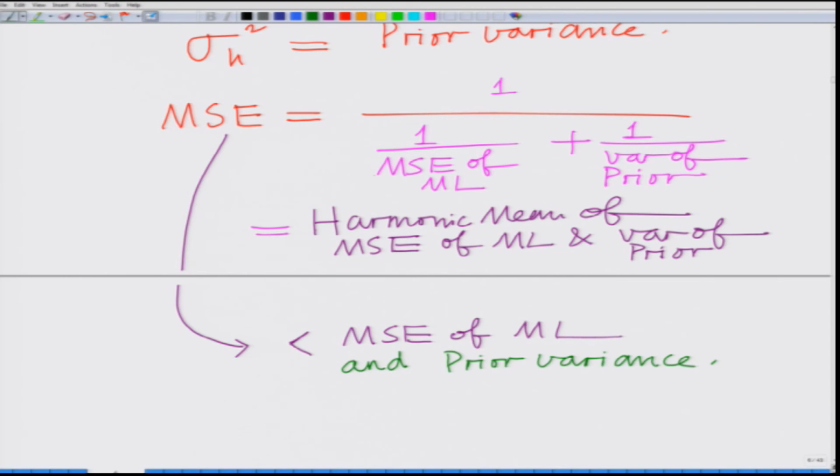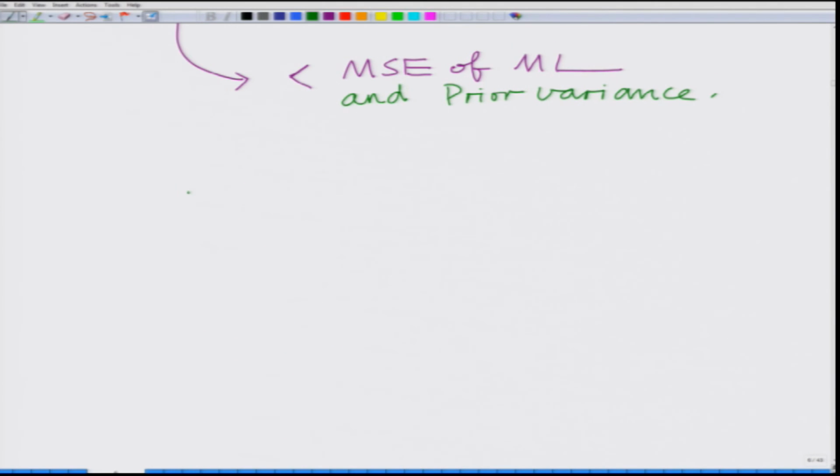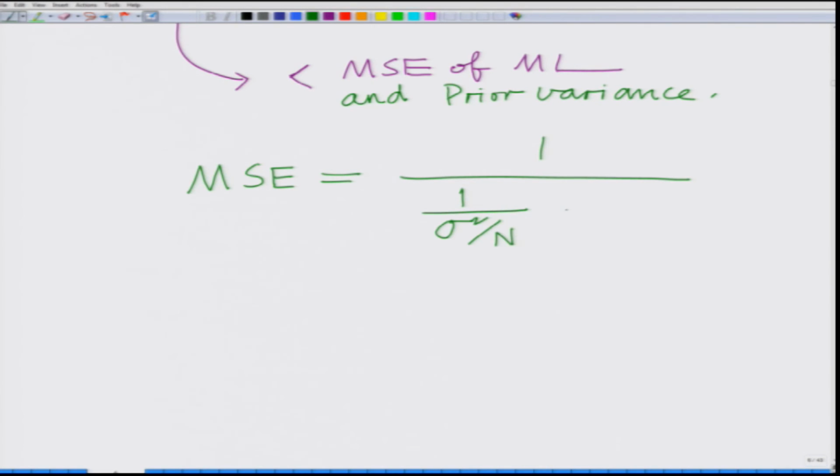In fact, let us look at this. The MSE equals 1 over sigma square by n plus 1 over sigma h square.